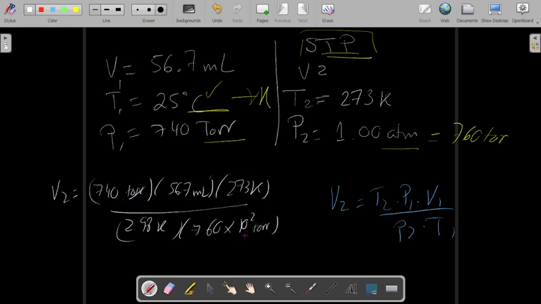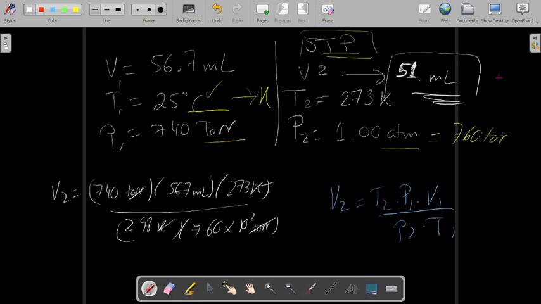Now the torr cancel one another, Kelvin cancel one another. You're going to be left with milliliters, which is what you wanted, and that's where the 51 milliliters came from, and you have solved number 3.